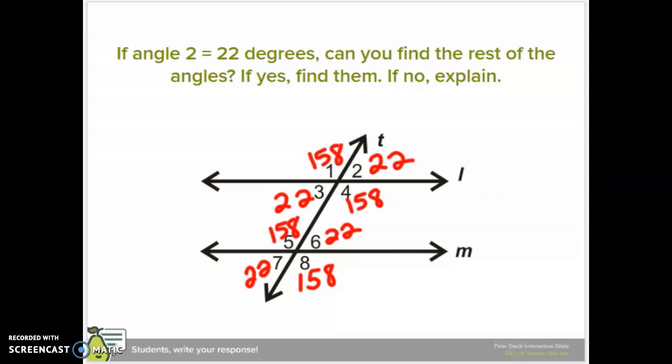Okay, hopefully you got 158 and 22 for your other angles.